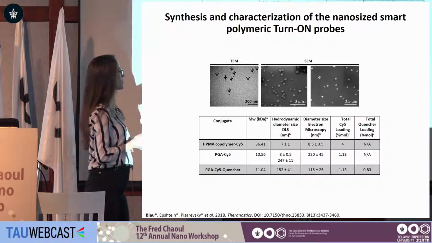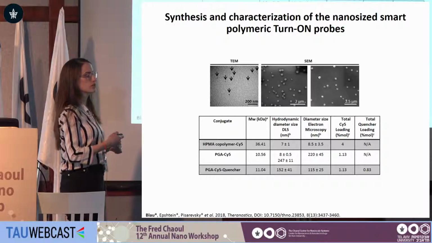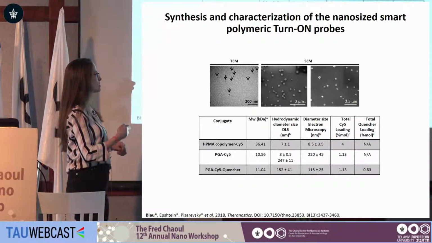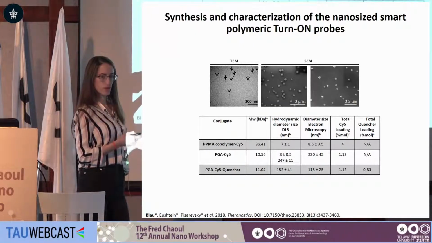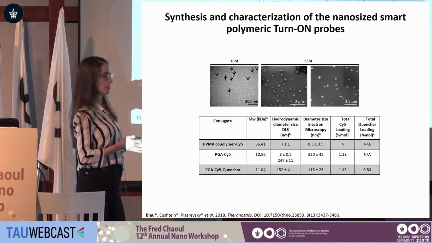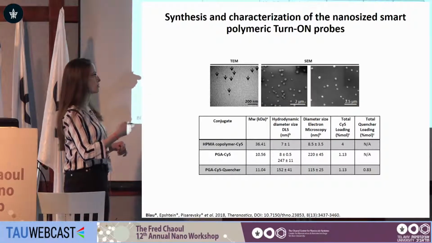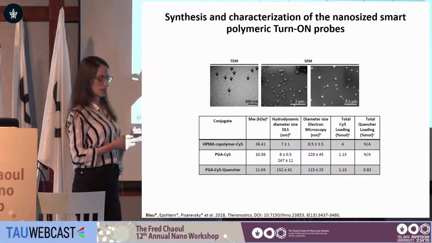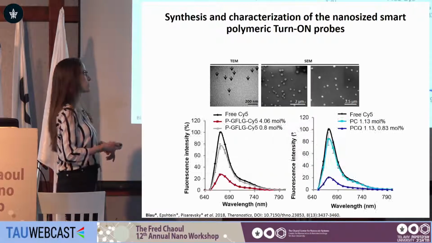We characterized their size and morphology using electron microscopy and DLS measurements, and found their size to be around 7 nanometers, which is suitable with currently available imaging agents in clinical trials. And for the biodegradable polymeric system, the size was above 100 nanometers, which can exploit the EPR effect beneficially.